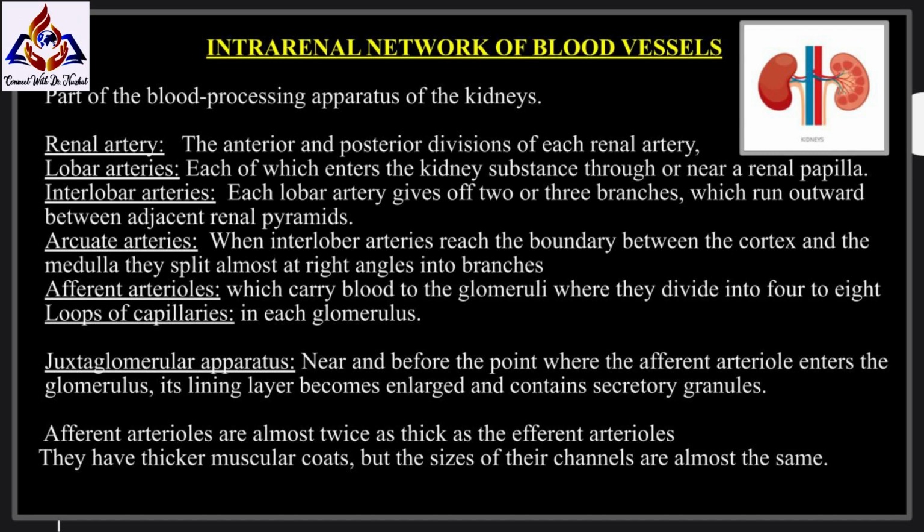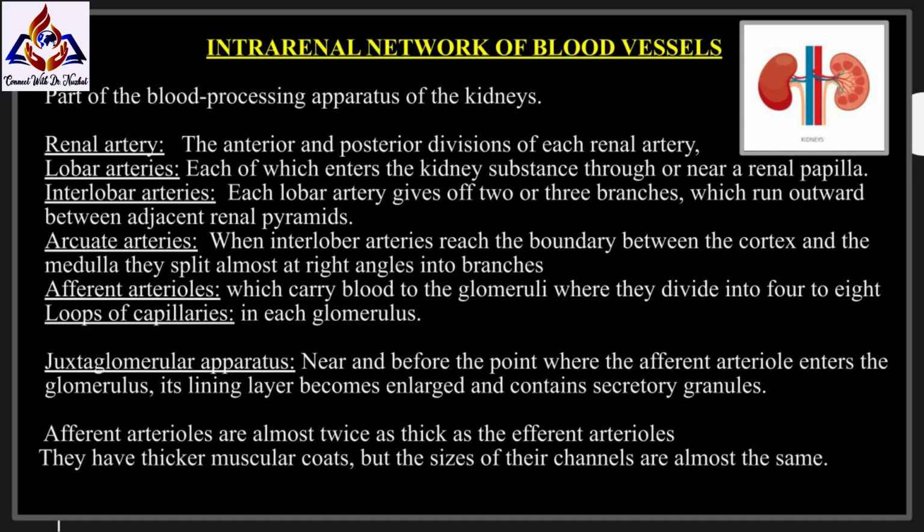Throughout most of the cortex, the efferent arterioles redivide into a second set of capillaries, which supply blood to the proximal and distal renal tubules. The efferent glomerular arterioles of juxtamedullary glomeruli divide into the vessels that supply the contiguous tubule and vessels that enter the bases of the renal pyramid, known as vasa recta.